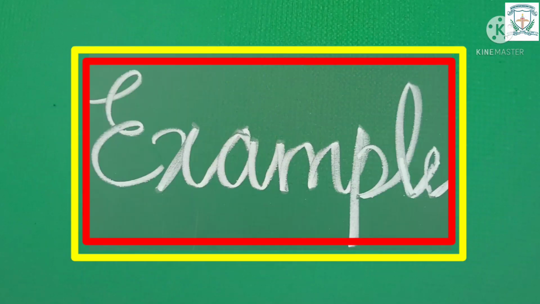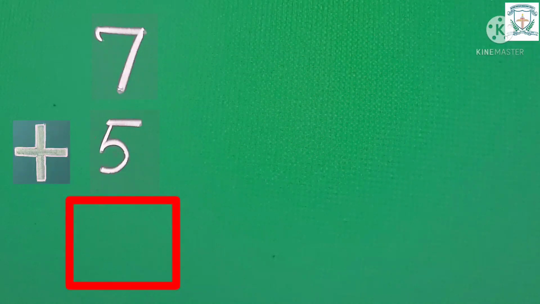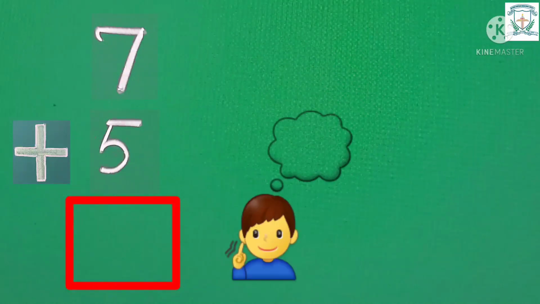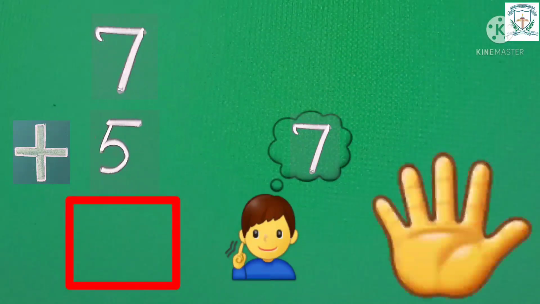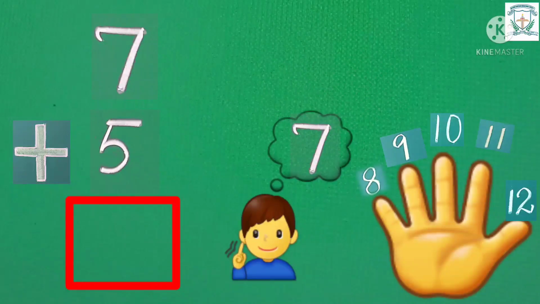Let us move on to the next example. Here we shall add 7 and 5. We shall keep 7 in the mind and 5 fingers up. After 7 we have 8, 9, 10, 11, 12. We reach the number 12.